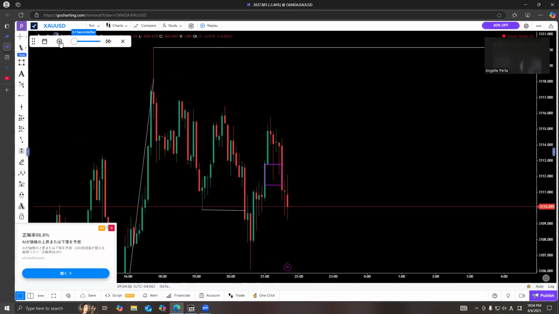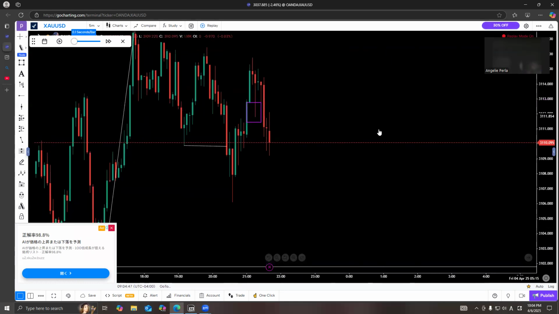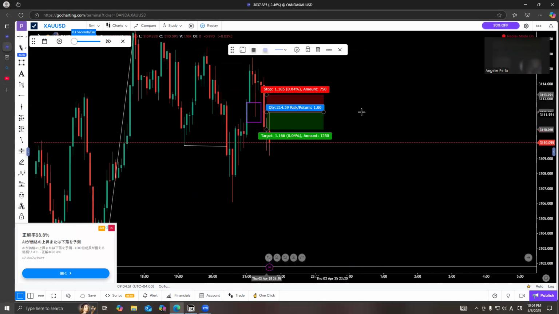But I see that this fair value gap right here was invalidated, and we clearly see an inverse fair value gap. So our team took the shorts here, me and Coach CJ.